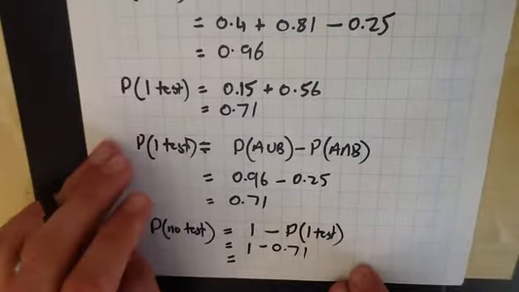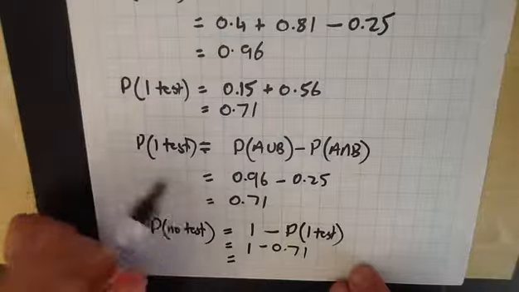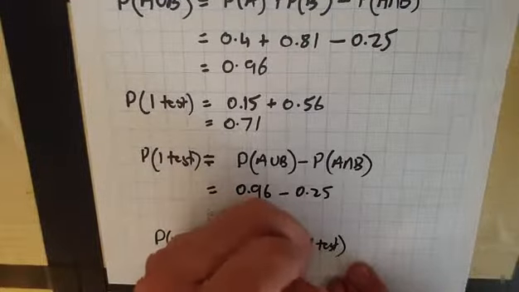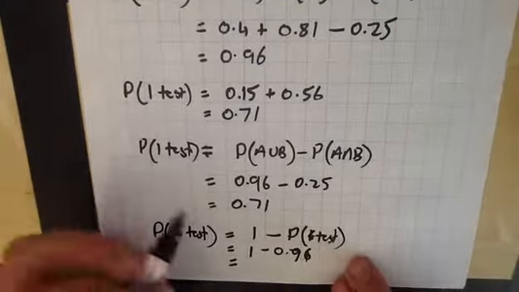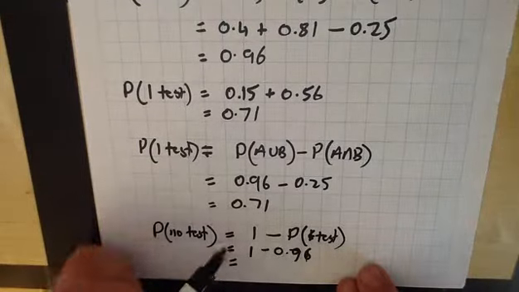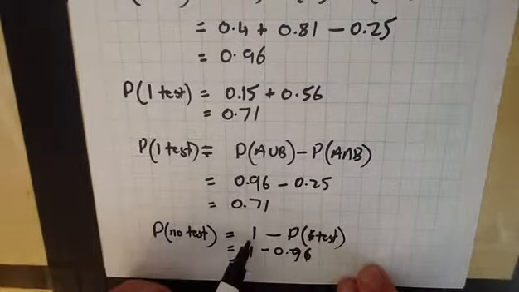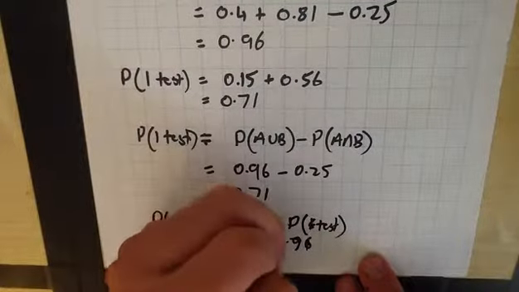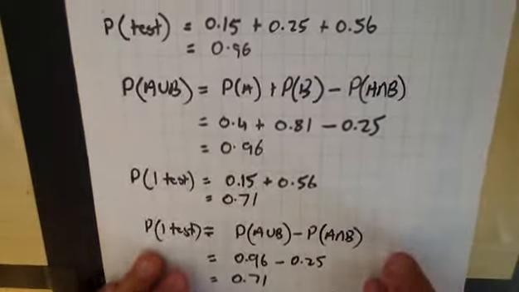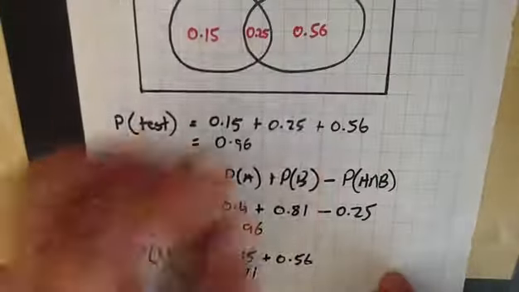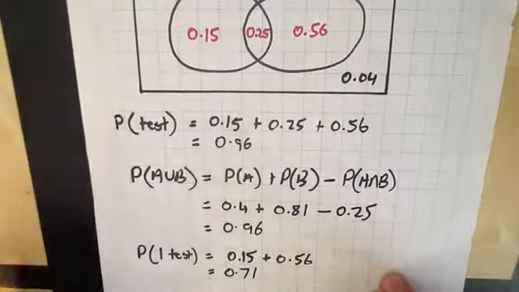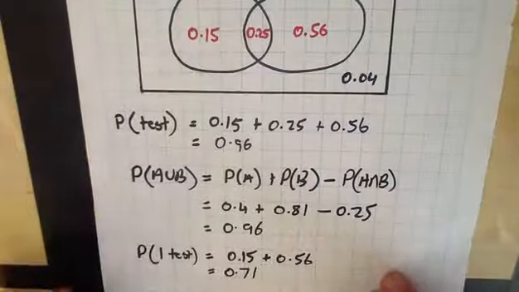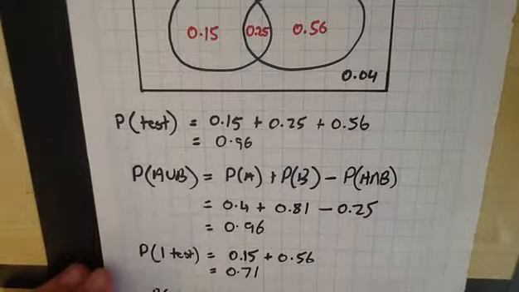Actually sorry, not one test, it's the probability of them being tested, so it's 0.96, I take that back. So the probability of them getting no test is 1 take 0.96, which is 0.04. So 4%. In your Venn diagram, that's represented outside the circles: if that's all the testing, then the probability of not getting a test is 0.04.